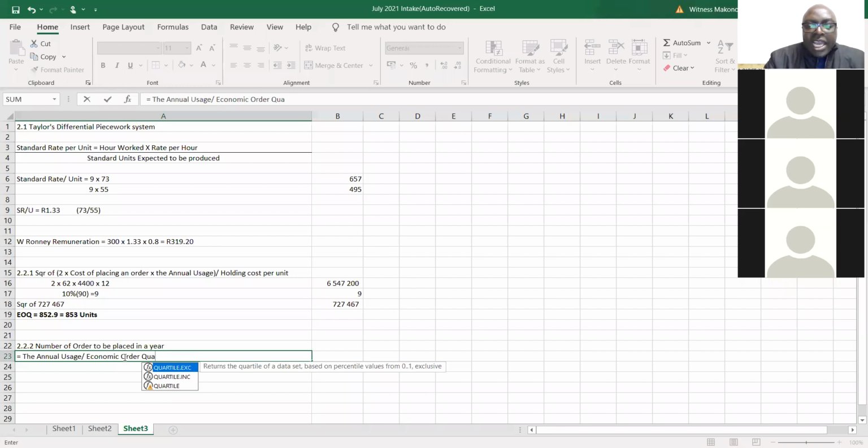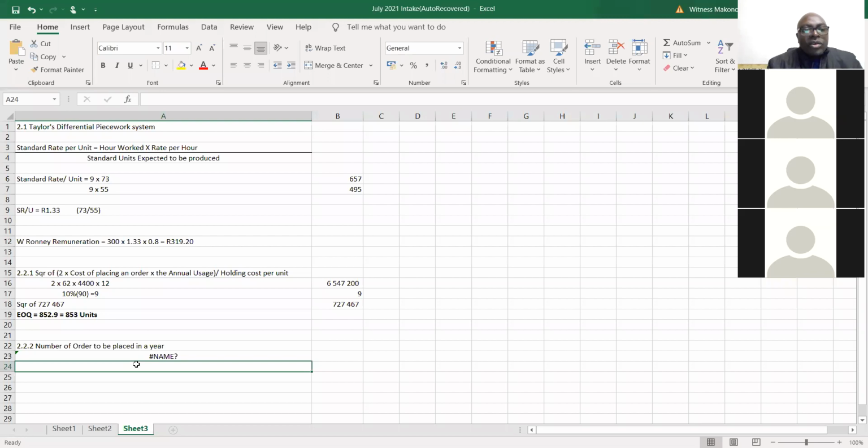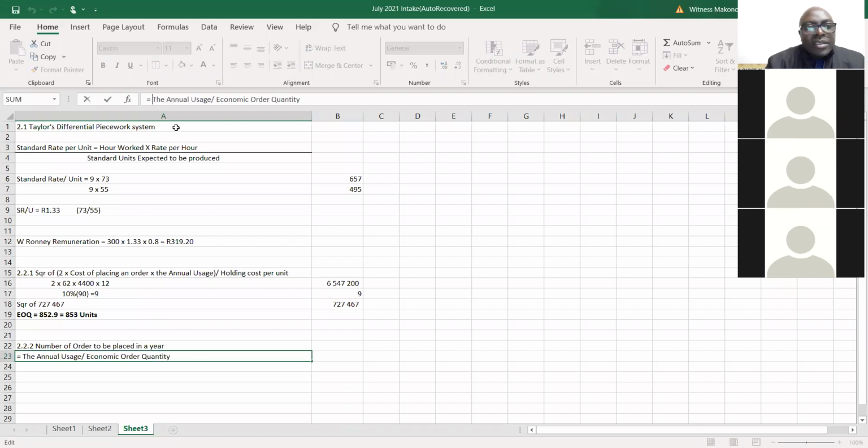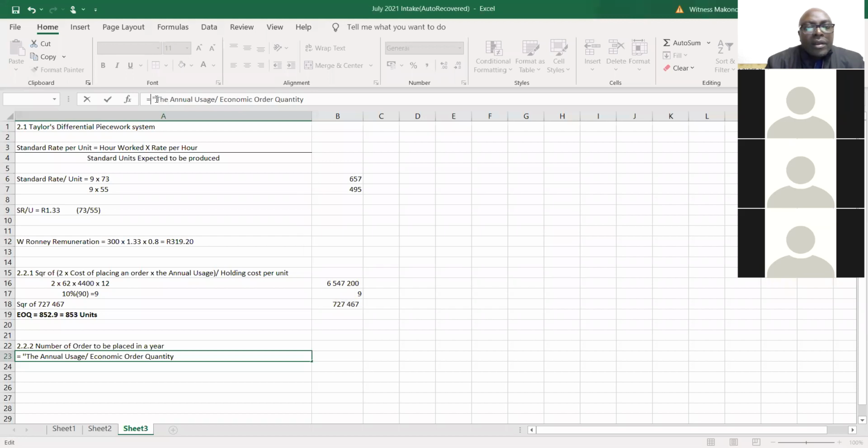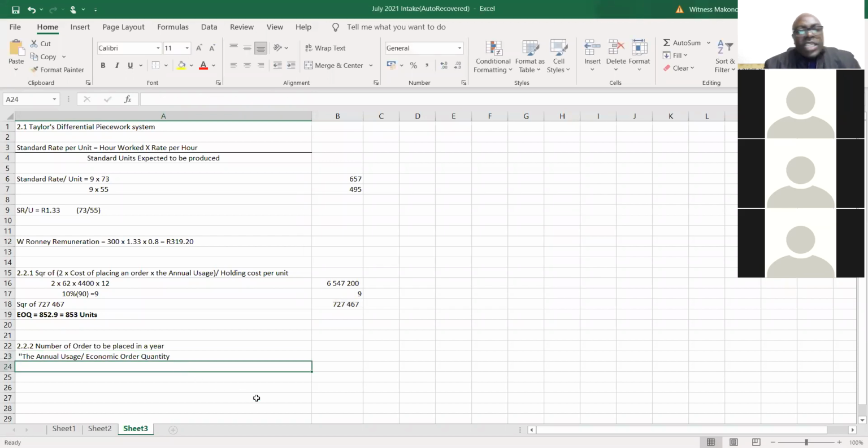So the question is how many orders you need to place in a year. If the economic order quantity is 853, it means every time you order, you need to order 853 units.